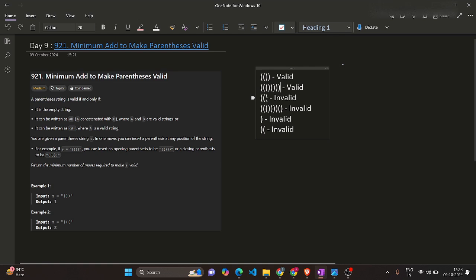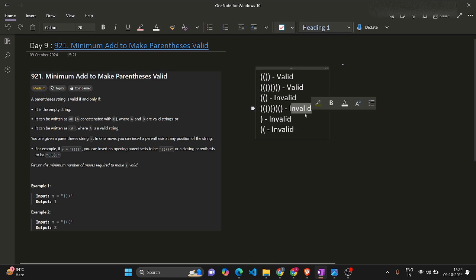But over here we can see, let's say for this open parenthesis we have this closing parenthesis, but no pair exists for the middle one. Or we can say, if these two are pairing up, we do not have any corresponding closing parenthesis for the first one, right? So it's considered as invalid.